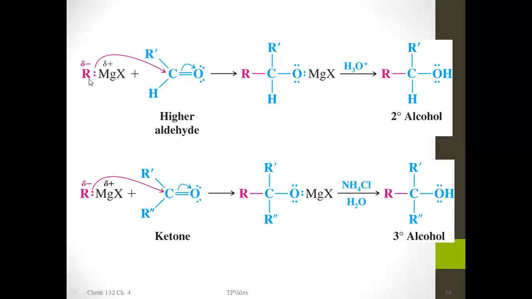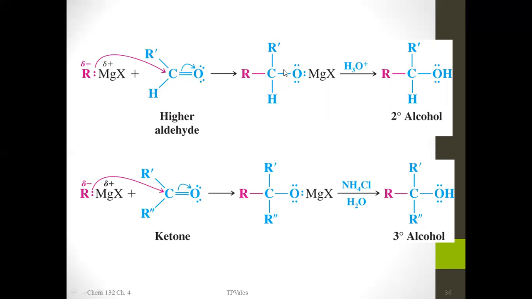So for the 2-degree, you get your R here, your R prime. What happens is, of course, your R alkyl group is your source of electrons that will be our nucleophile. Again, it's a nucleophilic attack on your carbonyl carbon. What happens when it attacks? You use the electrons taken from R, you get your RCO, and your oxygen will become negatively charged.